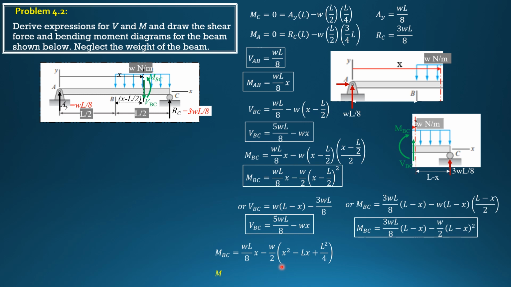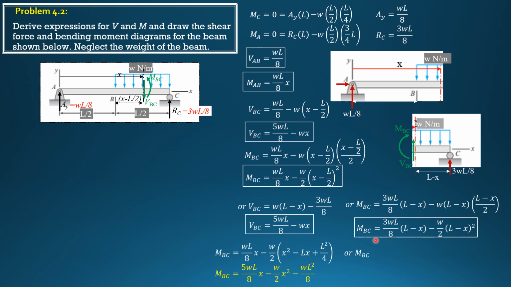So that's 5/8 WLX, then minus W over 2 times x squared. Then the negative W over 2 times L squared over 4, that's negative WL squared over 8, if you simplify term by term.